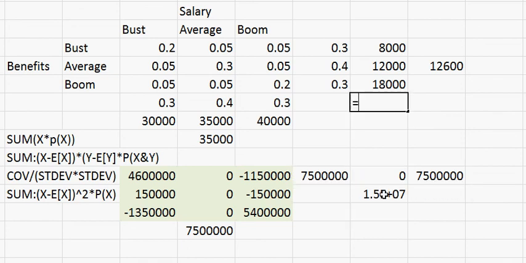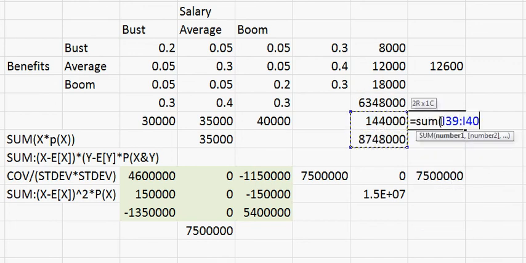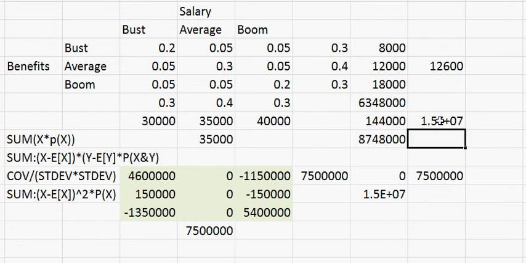Right, and for Y, we want Y minus the expected Y, quantity squared, times the probability of Y. Drag that down. Okay, so this is the variance of X, this is the variance of Y.